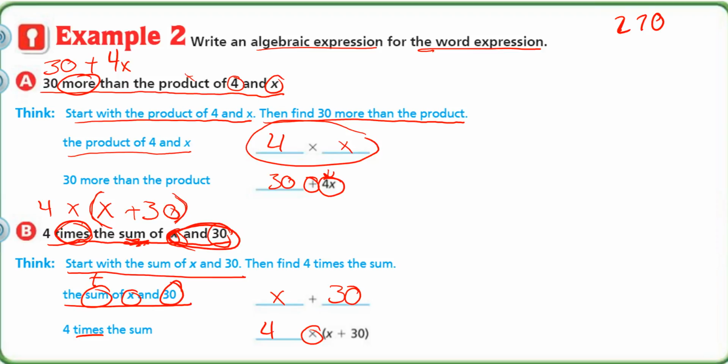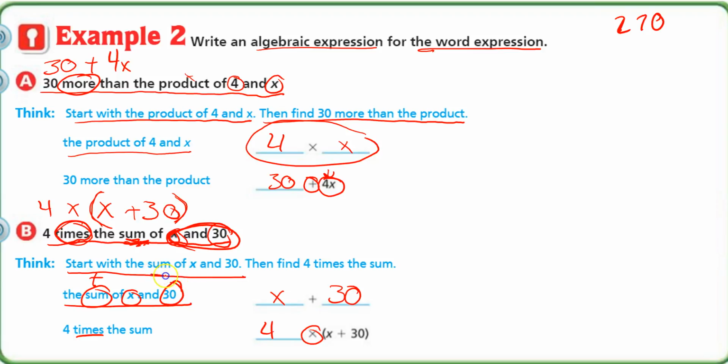Now, it worked a little easier on example A where I went down the line: 30 more means plus, product, multiply, what are you multiplying? 4 and x. It does get a little tricky, I will admit it. It makes it more challenging when there are parentheses needed. But again, either way, you just have to go slow and think, okay, what do these words mean?